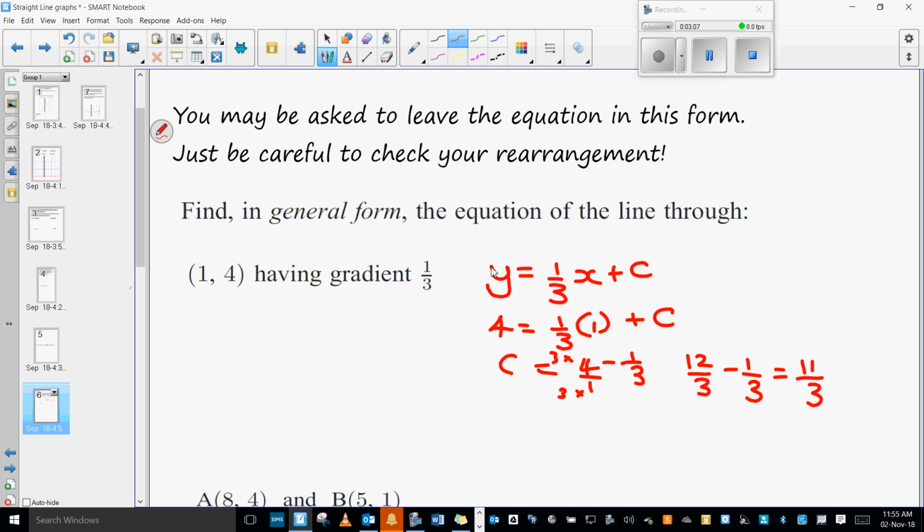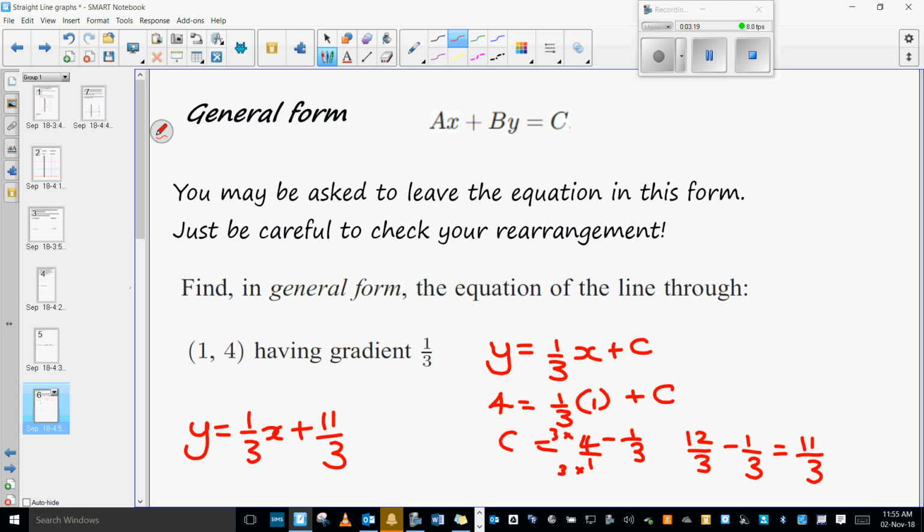So I know that my equation is y equals 1/3 x plus 11 thirds. So far so good? But the general form has a and b in front of x and y and equals c. Sometimes they may say ax plus by plus c equals 0. So just be aware that you could have either of those two formats.